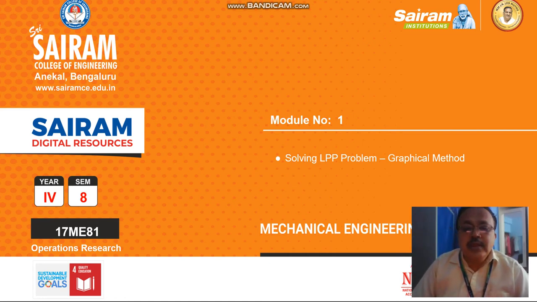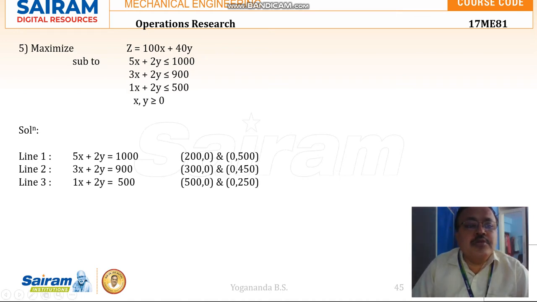Good morning. Now we are having another problem using the graphical method to solve the LPP problem. So the mathematical model statement goes like this. Maximize Z is equal to 100x plus 40y.